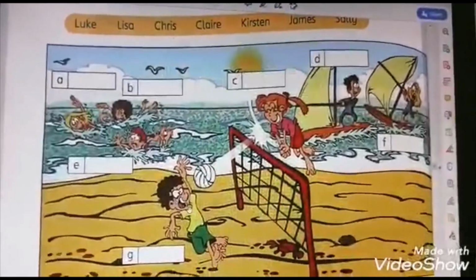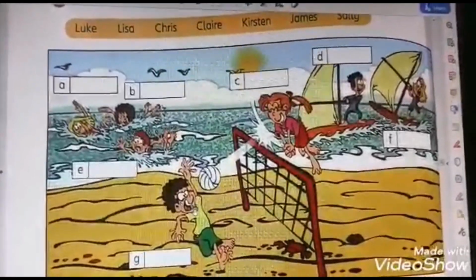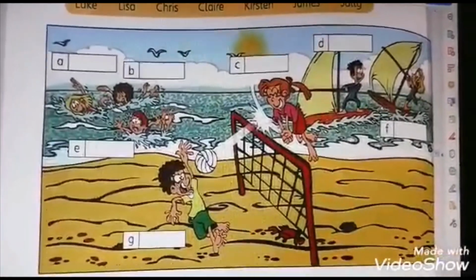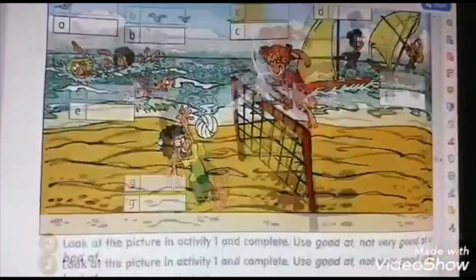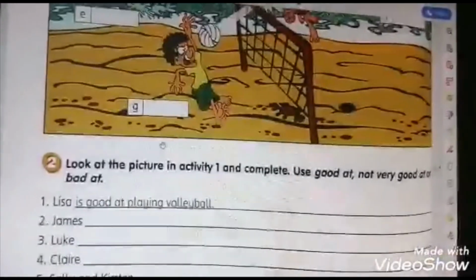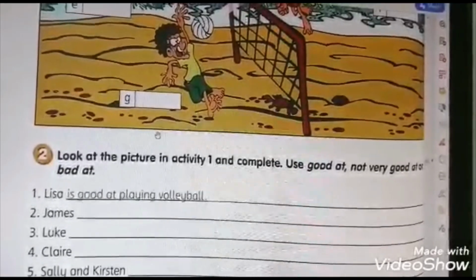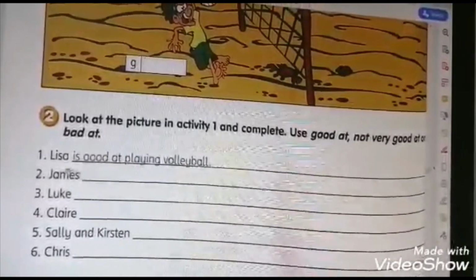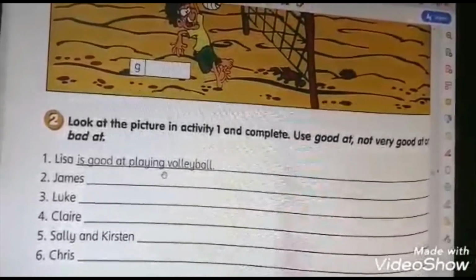Module 9. Project. So I hope you listened carefully. Now you are able to answer these fill in the blanks. After finishing this activity, look at the picture in activity 1 and complete. Use good at, not very good at, or bad at. The number 1 example is already done for you. So Lisa is good at playing volleyball.